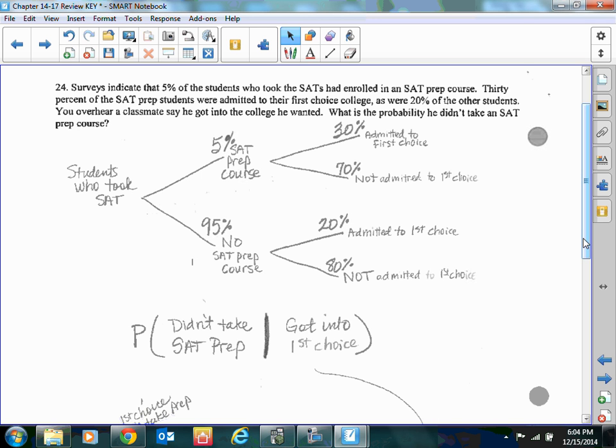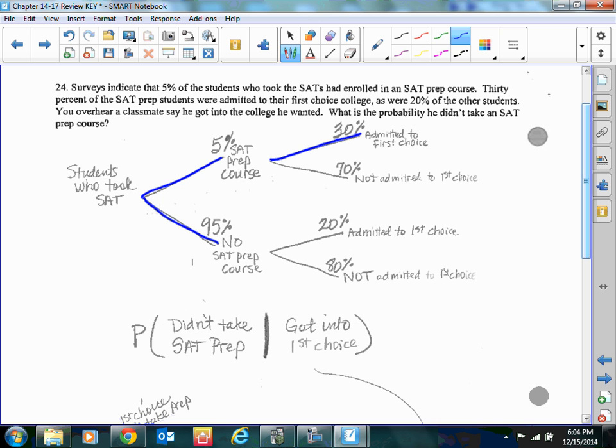So 5% of the students took the SAT course. That's the SAT prep course, all right? And of those, if you did that, then 30% got admitted to their first choice. Now, if you did not go to the SAT course, then that's 95%, see?